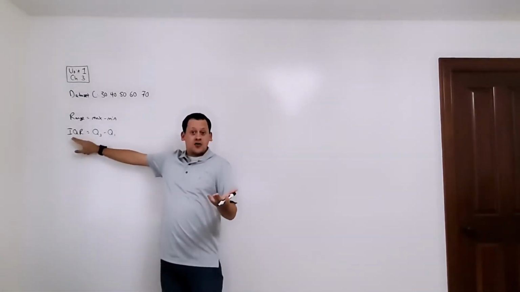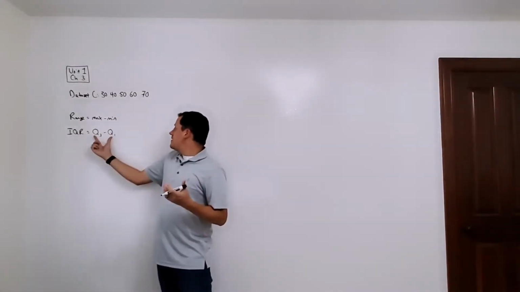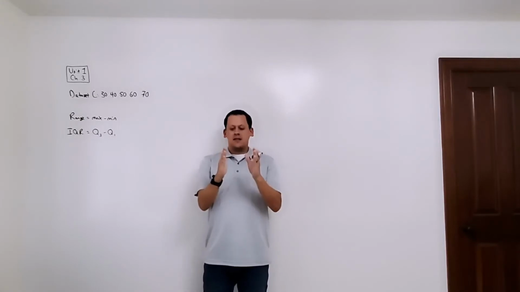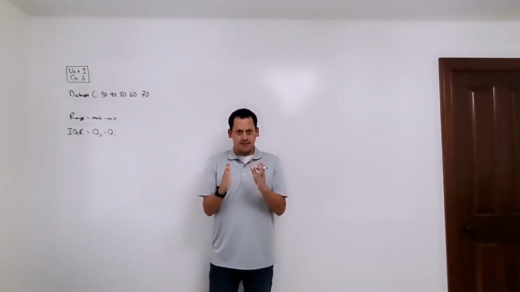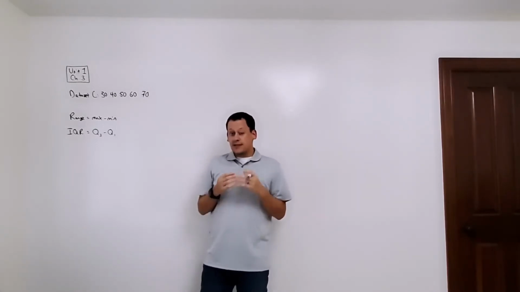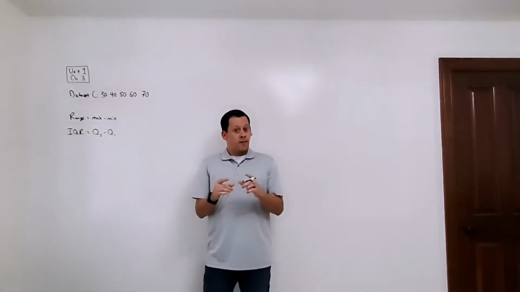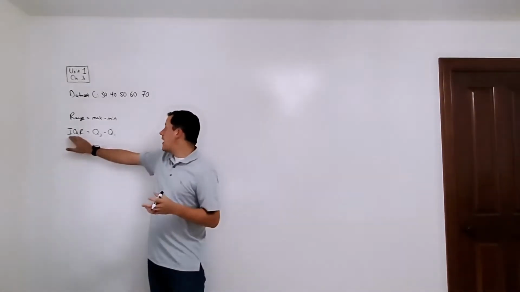So a better measure of spread is IQR, and that is Q3 minus Q1, and that gives us the distance that separates the middle 50% of the data set. It still only uses some of the values, not all of them, in the calculation, but that makes it resistant or robust as a measure of spread.